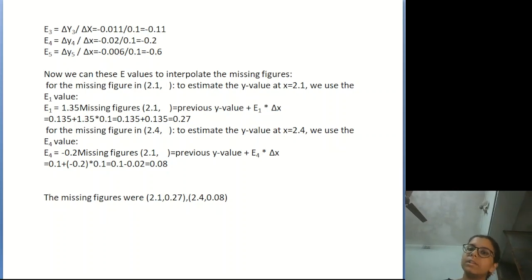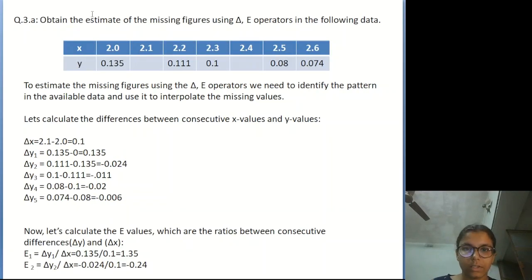So for the missing figures, now we have estimated value. To estimate the y value at the corresponding x value, that was 2.1, we use the E1 value. So E1 is equal to 1.35, and the missing number is equal to the previous y value. Now where is this previous y we have to take? We have to take this previous y value from our table that was given to us in the question.